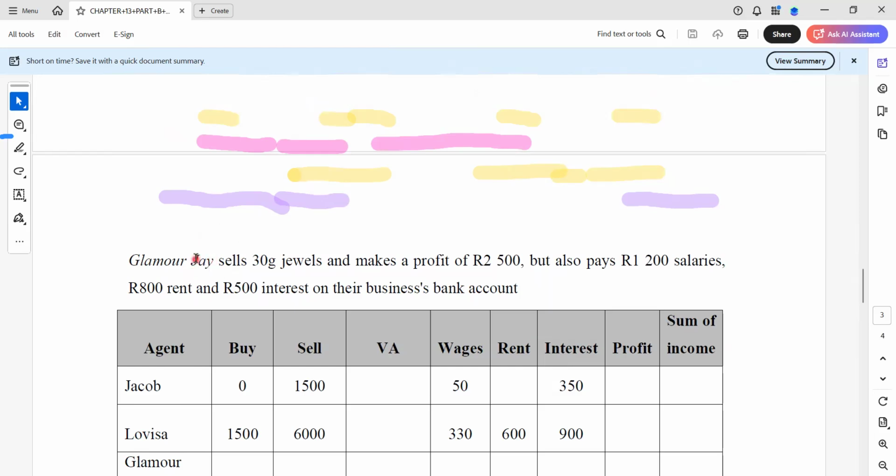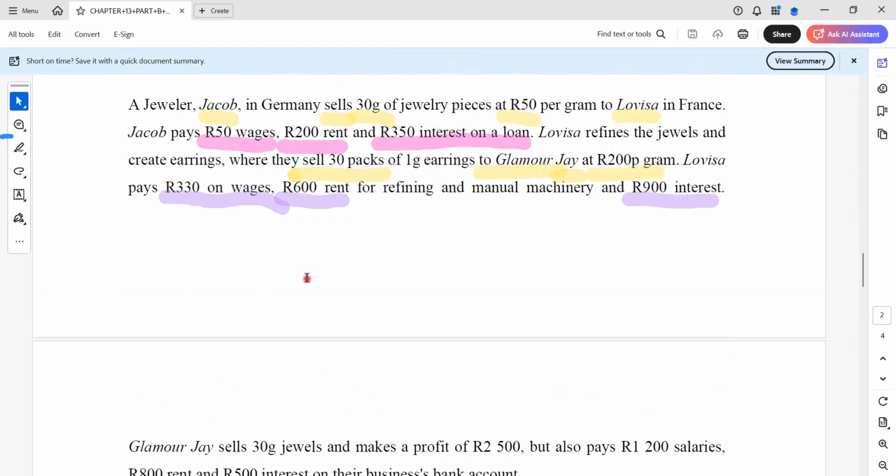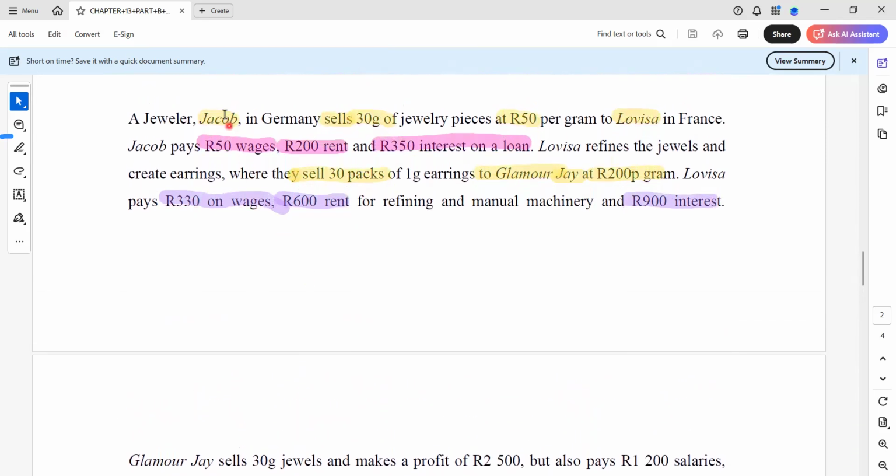So here's Jay. Also, Jay sells 30 grams of jewels and makes a profit of 2,500. You can see here they're not telling us how much he is selling these jewels for, because all this time they're telling us about Jacob, who sells 30 grams for 50 rand each, and Lovisa, who refines these jewels and sells 30 packs of 1 gram earrings at 200 per gram.